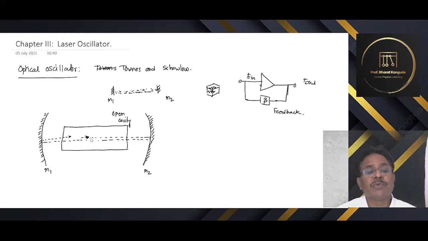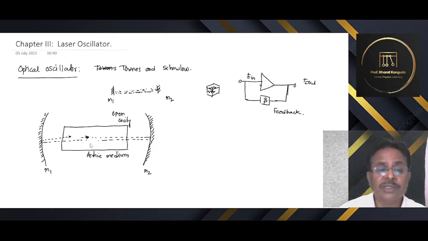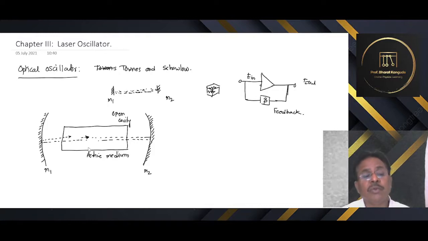Whenever a photon is passing through this active medium, it performs stimulated emission from the atoms that are in the excited state, and thereby there is amplification, an enhancement of the energy of the radiation given out by this laser medium.